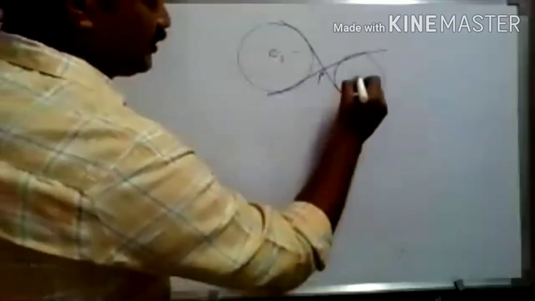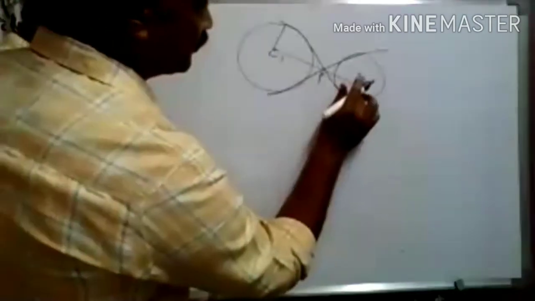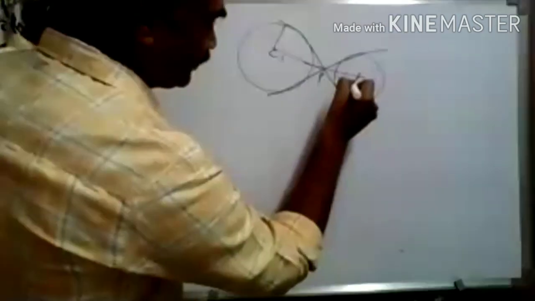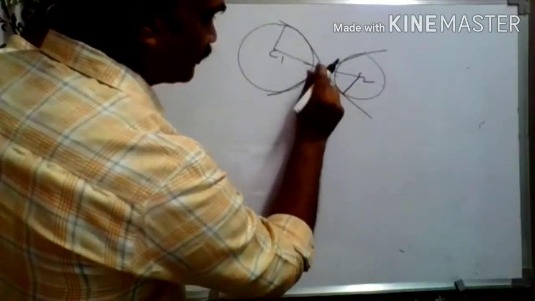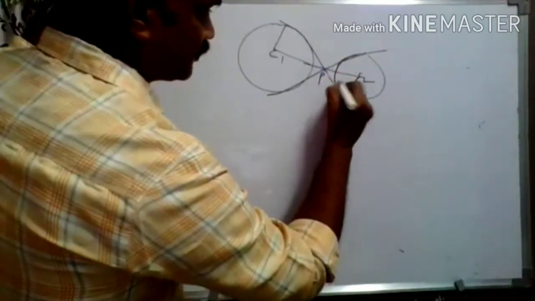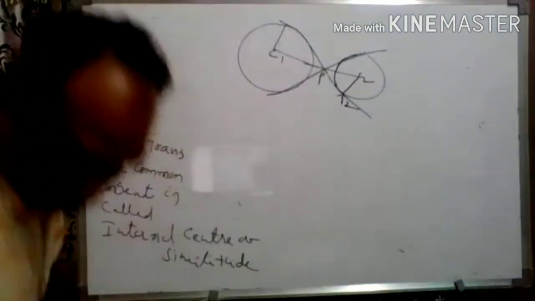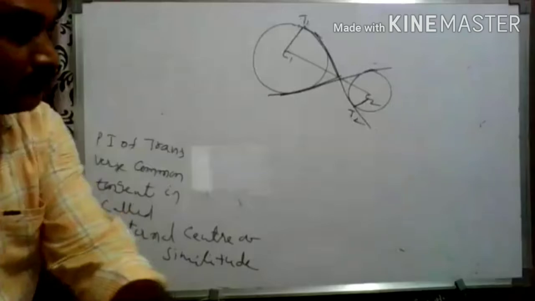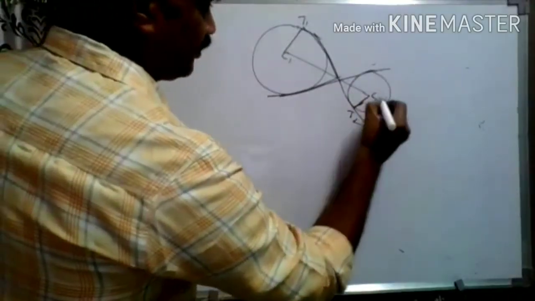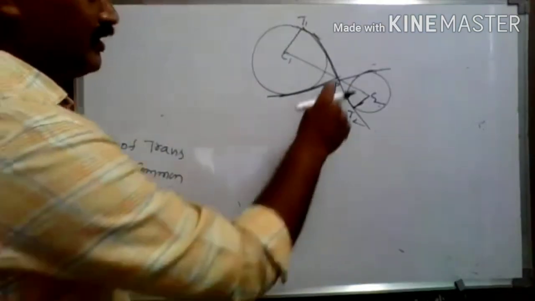This is C1, this is C2. Joining this, this is T2, and this is C2.